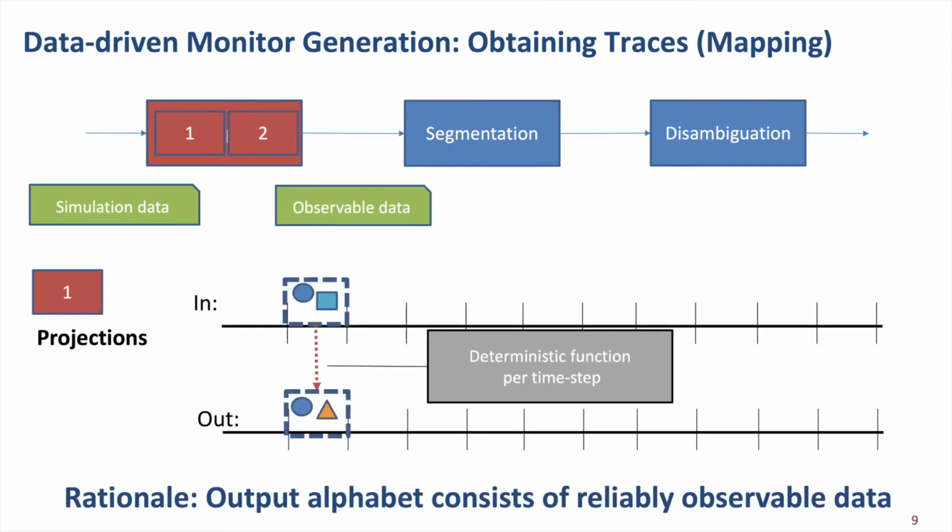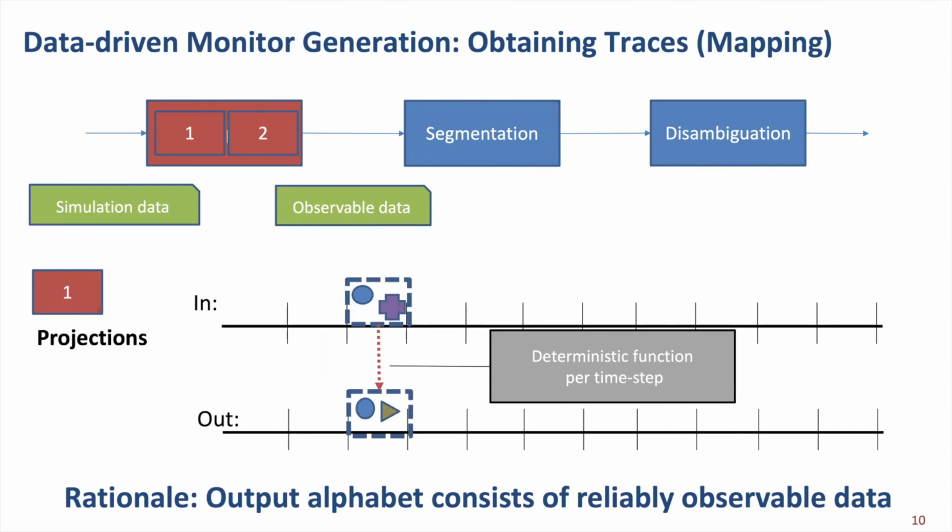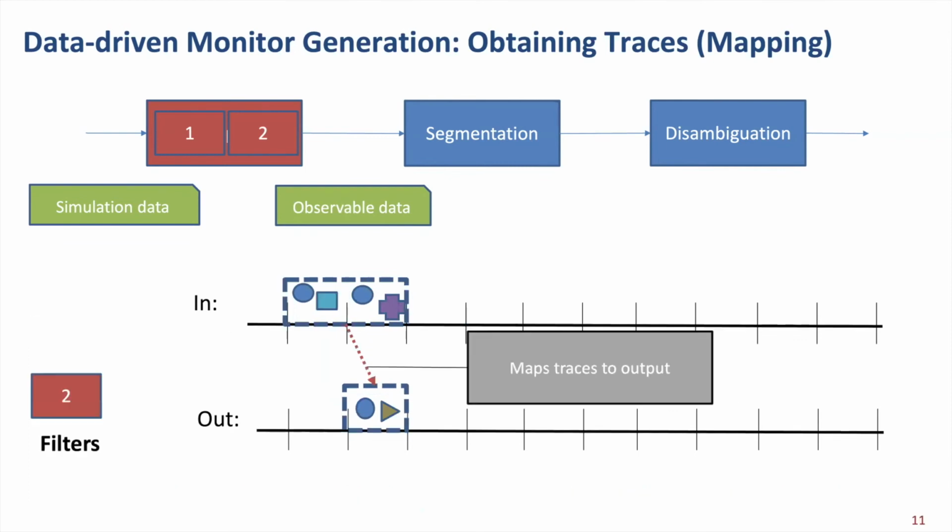What it does is basically on a per time step basis says, these are the available information that we had at simulation time, and we're mapping that to information that's available at runtime. This might be a complex function. It's not simply extracting things or excluding things, but it can be a more complex function. So that's straightforward, I think.